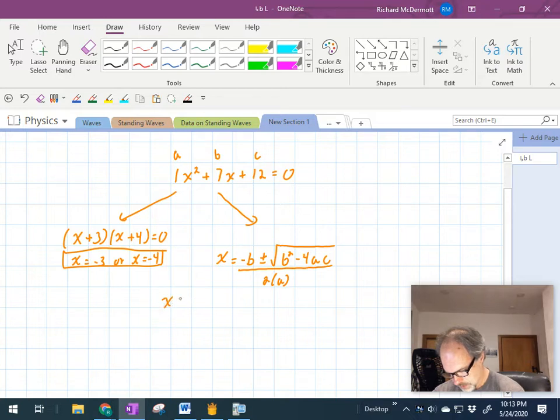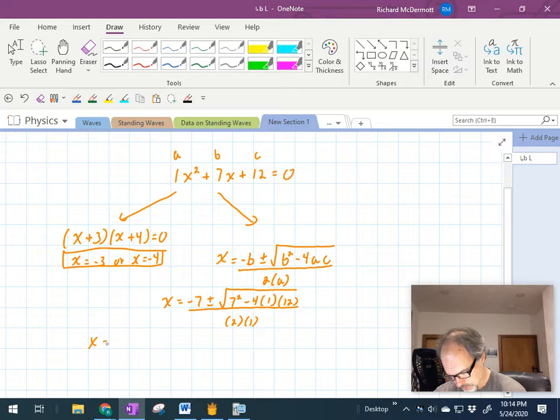So we would say that x is equal to negative b, that's going to be negative 7, plus or minus the square root of b squared, so 7 squared, minus 4 times a, which is 1, times c, which is 12, all divided by 2 times a, 2 times 1, like so. And this actually gives us two equations. That's what the plus or minus means.